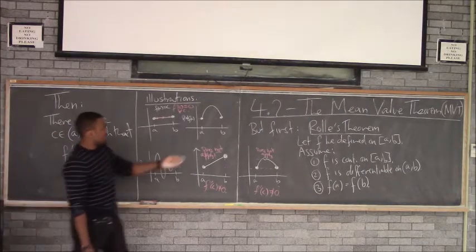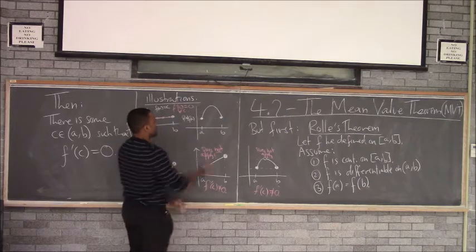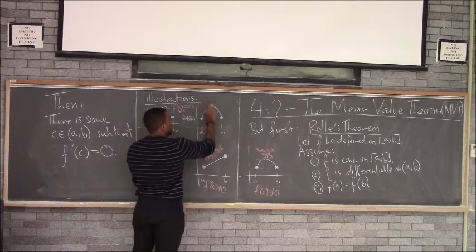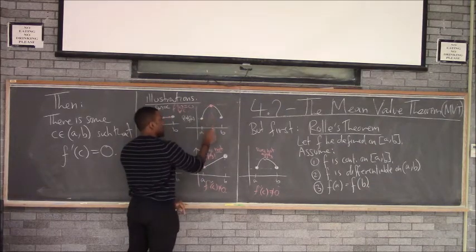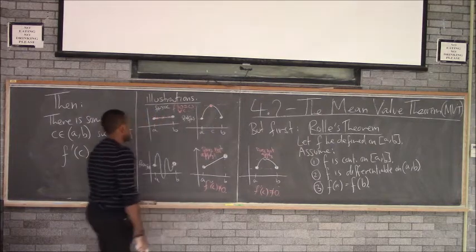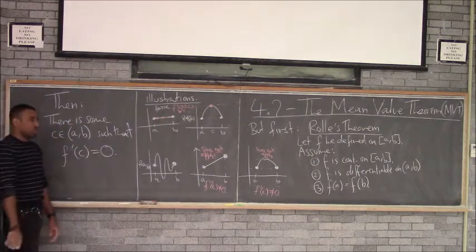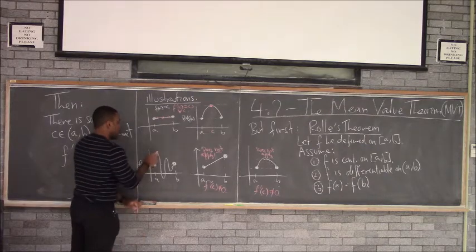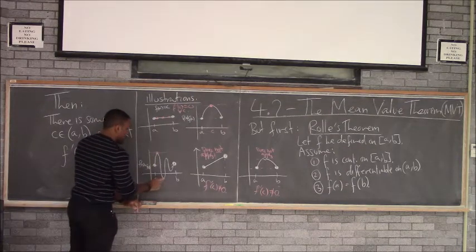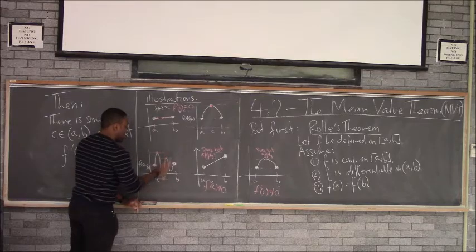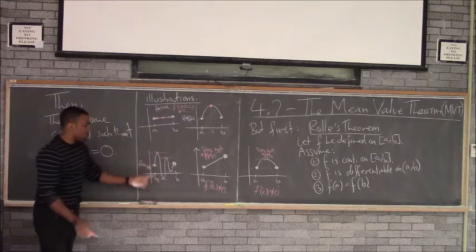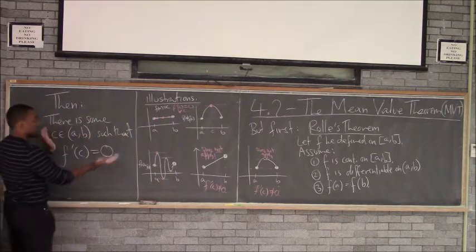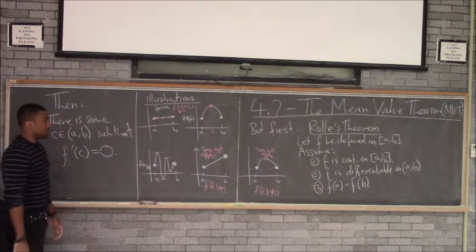If I look in this situation, well, there's a point here where the slope is 0. Notice that that point is in between a and b, just as the theorem says it should be. Here, there are actually several points where I have that happening. There are 4 possible c's that I could pick that will satisfy this, so the theorem is good.